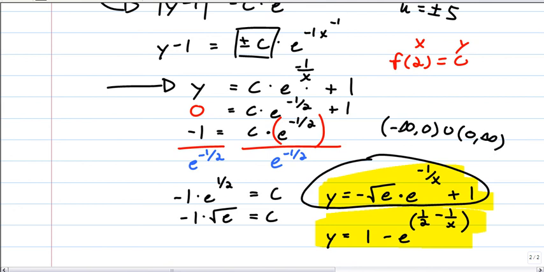So you just found a solution to a differential equation. Which of those intervals contains your initial condition? Well, your initial condition said that when x is 2, y is 0. So it contains this. So this is the function we built. And by the way, x has to be greater than 0.